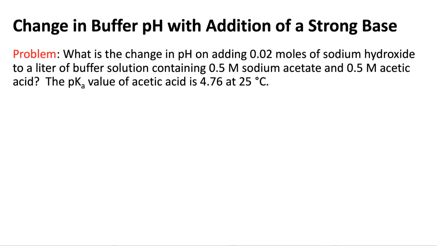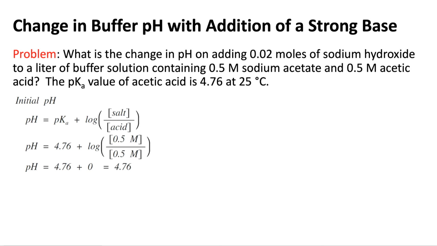Well, to know the change in the pH, we have to know what the pH was to begin with. Since we've already done that, and before we make any changes based off of any addition of the sodium hydroxide, let's just calculate the pH of the solution before adding the sodium hydroxide. The initial pH.